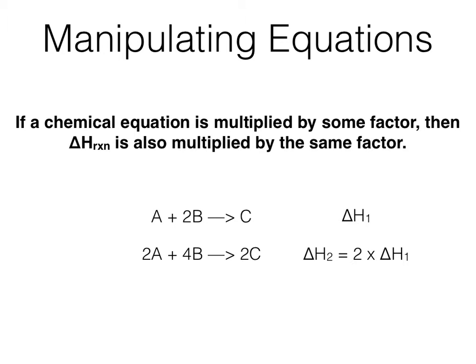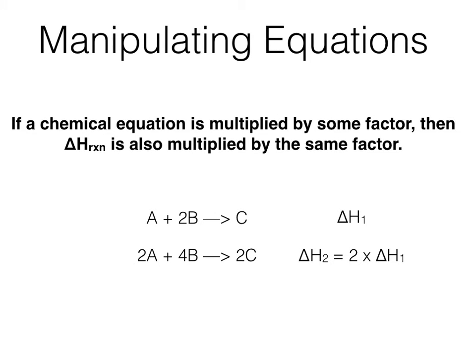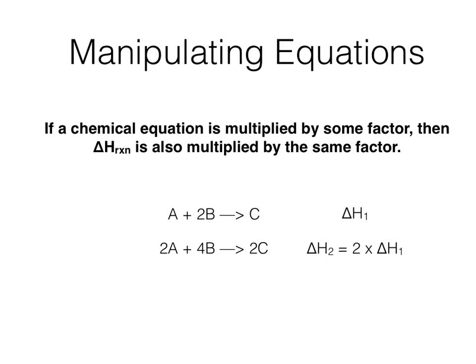If a reaction is multiplied, where its stoichiometric ratio increases by a factor, then you also must increase the enthalpy of that reaction by that same factor.